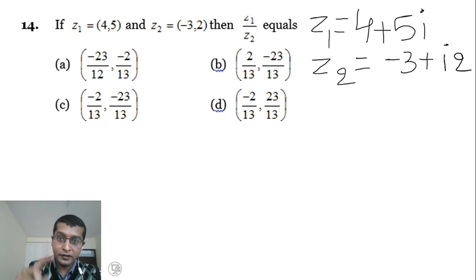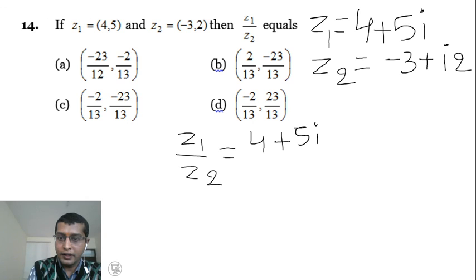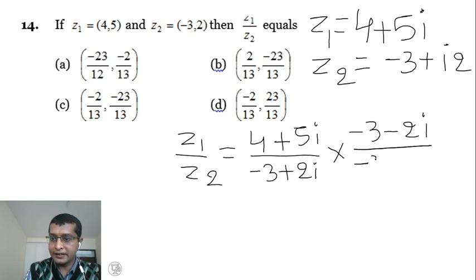Then Z1 divided by Z2 is equal to, for that I take Z1 divided by Z2, and substitute the values: (4 + 5i)/(-3 + 2i). The denominator is a complex number, so we have to take its conjugate, -3 - 2i, in both numerator and denominator.